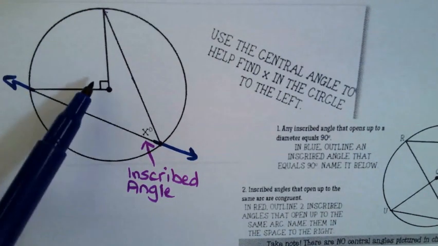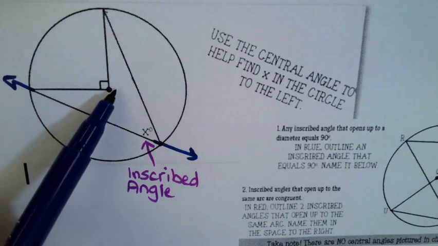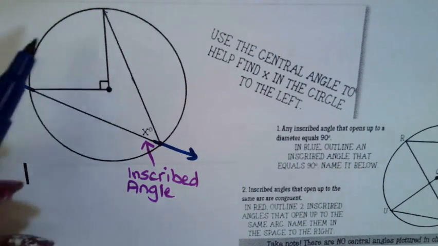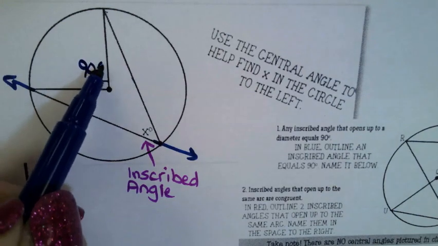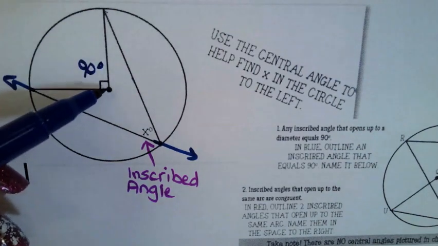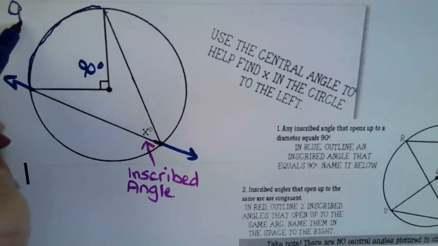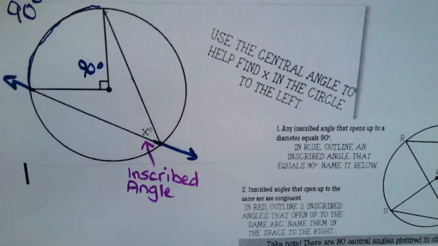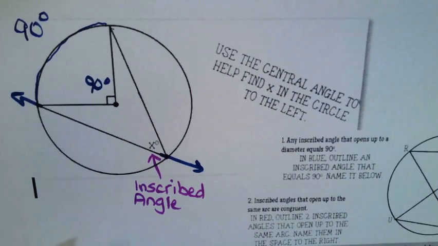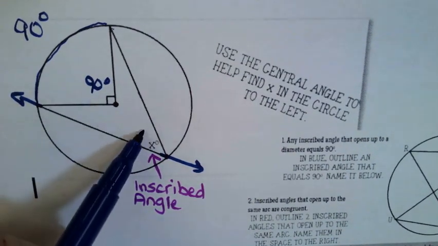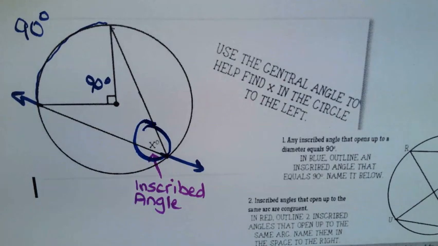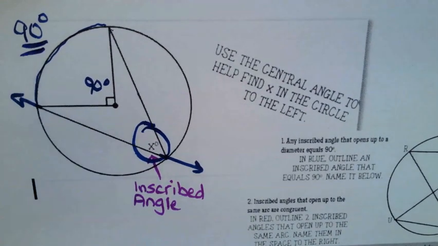What you need to know is this is the central angle here. And of course, we all know this box means that that's 90 degrees. But we know since it's a central angle, that means that this arc right here also measures 90 degrees. But like we said in our previous video, this inscribed angle is going to be 1/2 of this arc.